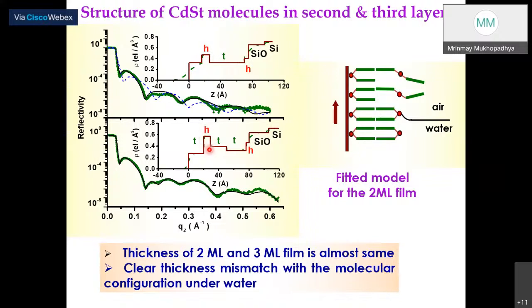Then this is my lower density part, the hydrocarbon chains, CH2 chains, and this is my head group, again cadmium, and this is silicon oxide, silicon. So this is the configuration: head, tail, head, tail, this kind of configuration exists in the film.